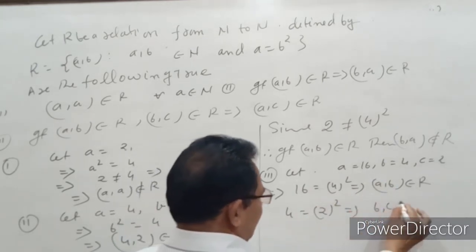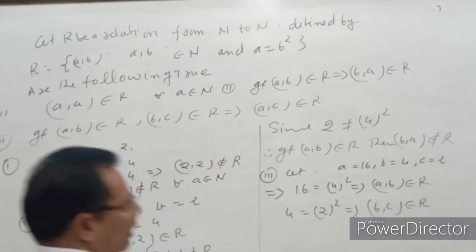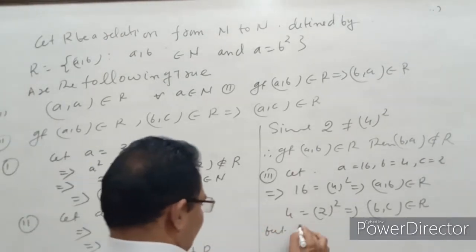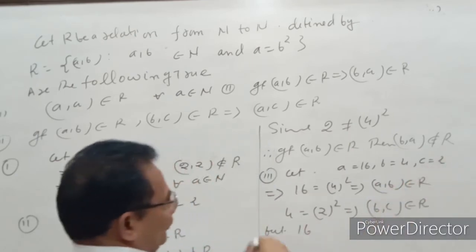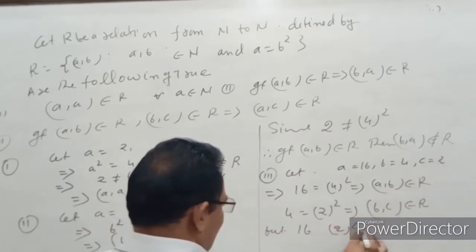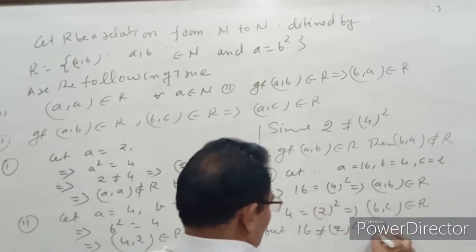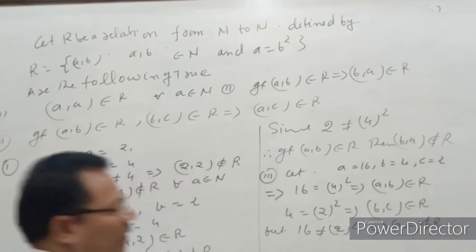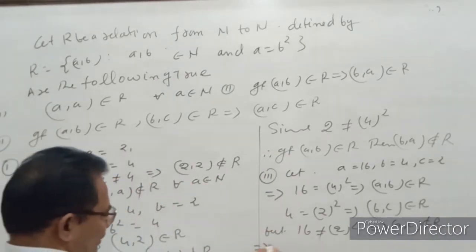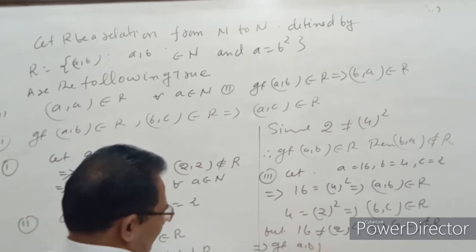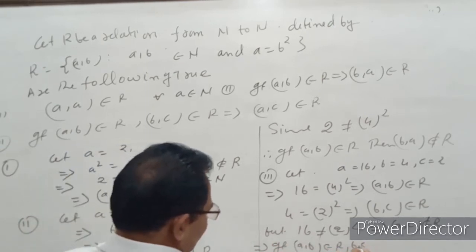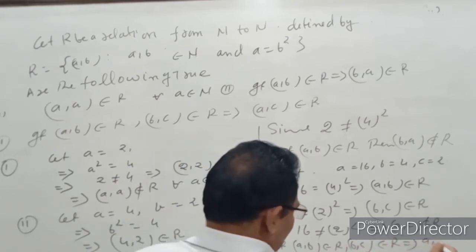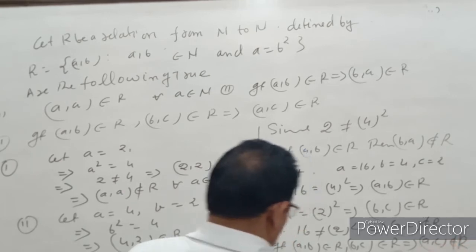This implies that bc belong to R. But अगर हम यहाँ देखें 16 और ये ले हम c, ac यानी कि 2 का स्क्वायर not equal to, और this implies that ac not belong to R. So this implies that if ab belong to R, bc belong to R, so this implies that ac not belong to R.